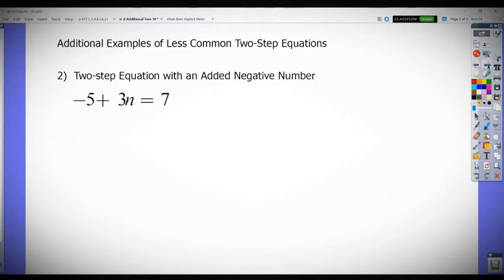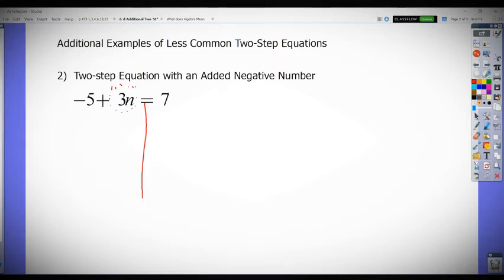All right, let's take a look at our next equation. This one has a negative number that is added on to the variable term. So again, the variable term is the one that we can't do anything to until it is by itself. Here's our equal sign balance line. And so our goal is always, in solving equations, to get the variable by itself.